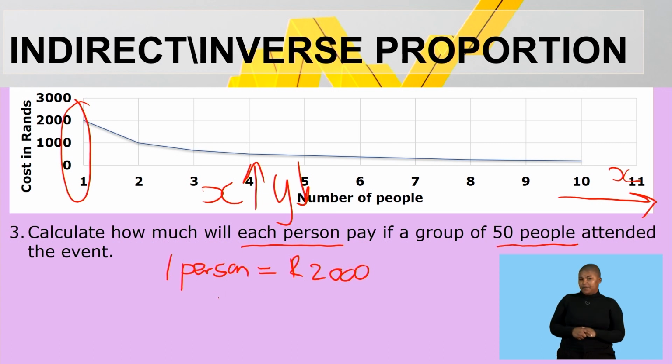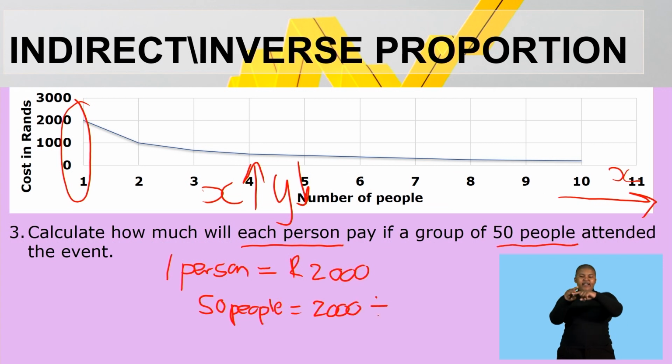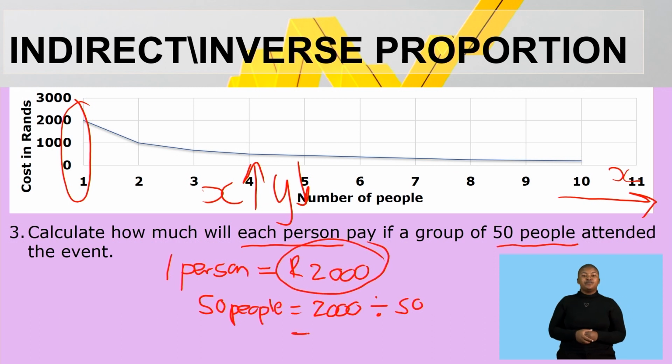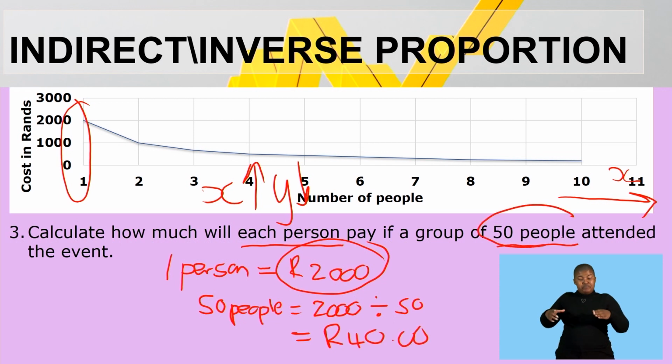So therefore, 50 people is going to be 2,000 divided by 50, because we're now taking the price per person, the total price, the 2,000, and then we will see it is 40 Rand. So if a group of 50 people go to the event, they will pay 40 Rand per person.